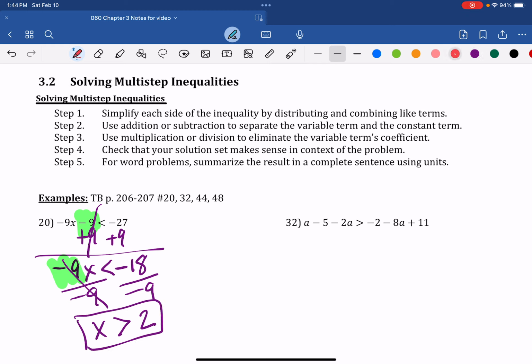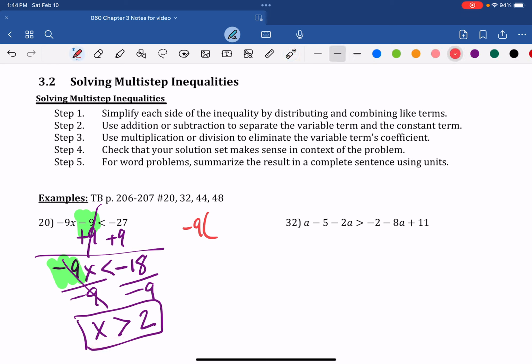And we can always check our work by replacing our variable. And remember that when we replace a variable for an inequality, we actually don't always replace it with the number. We want to look at what the inequality tells us. So in this case, it says that x is going to be greater than 2.